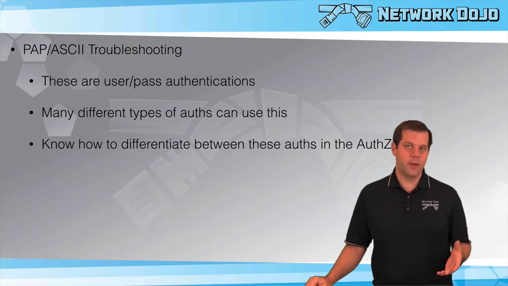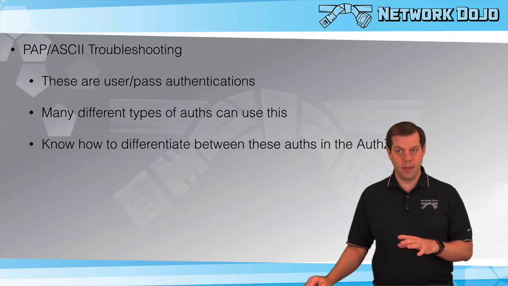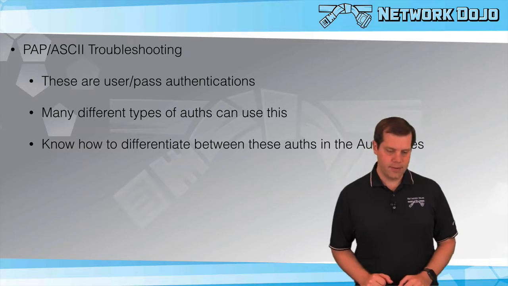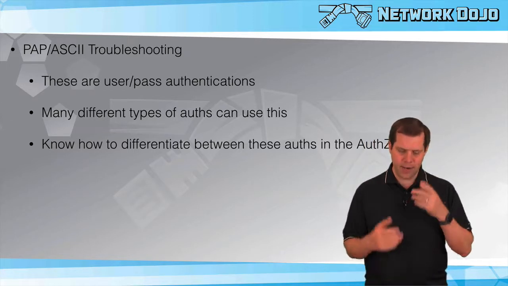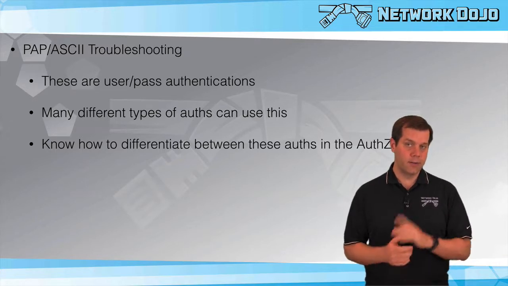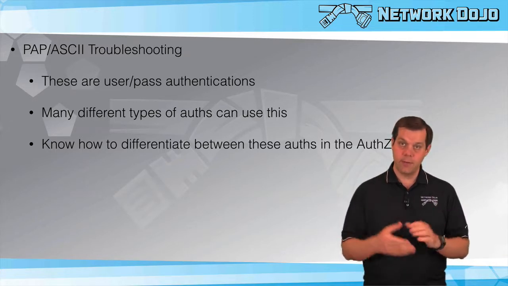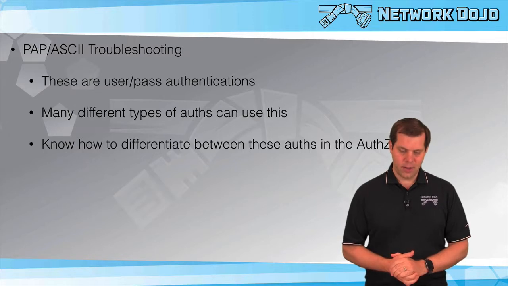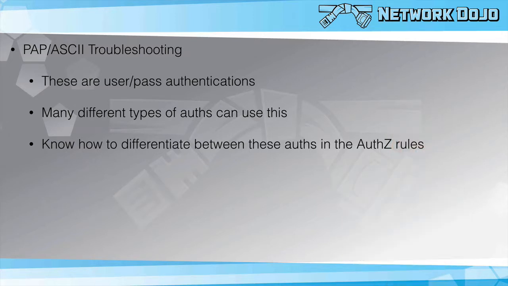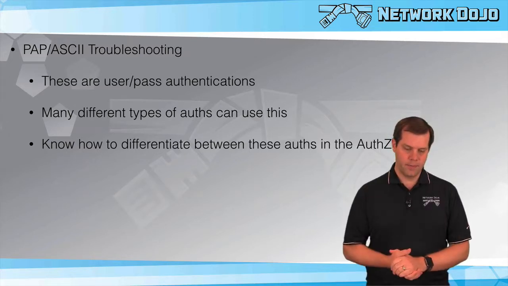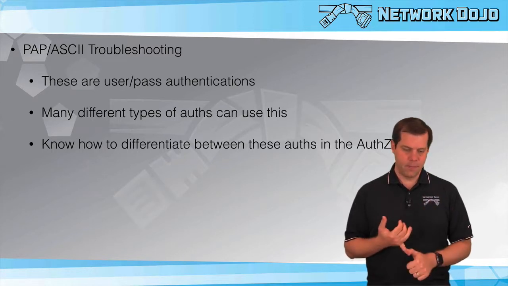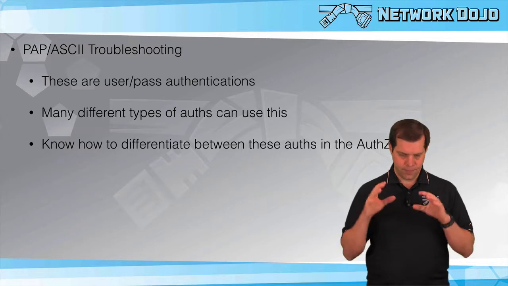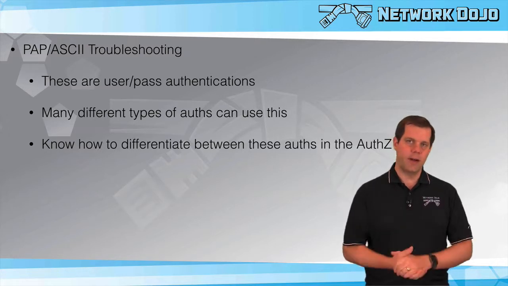So for instance, a management-based authentication versus a web-based authentication coming from the same device, there's only a couple little differences between them. And so we kind of talked about this when we talked about the auth logs in the previous video, and I tried to point out some of the differences between them. So just know how to differentiate in your rules between it, and at that point, you should be okay. But things like couldn't find the username, bad passwords, the troubleshooting for that, really, we've already talked about those things.